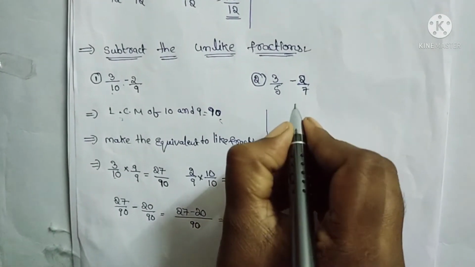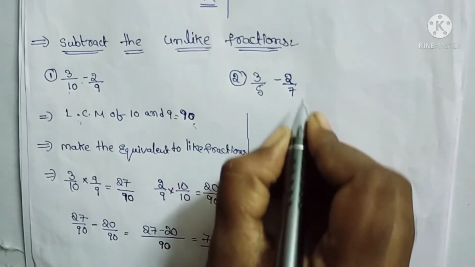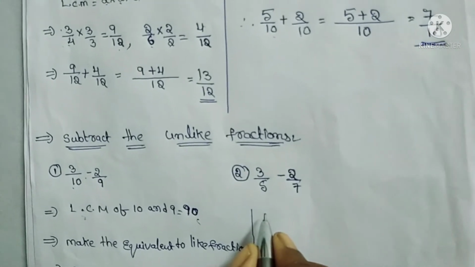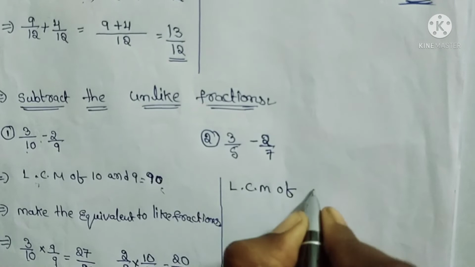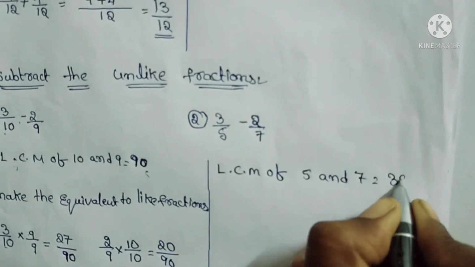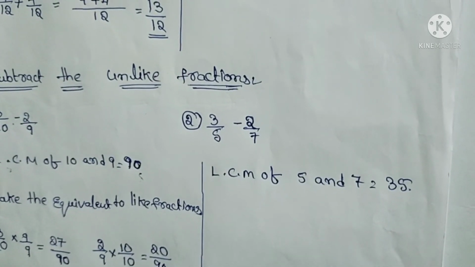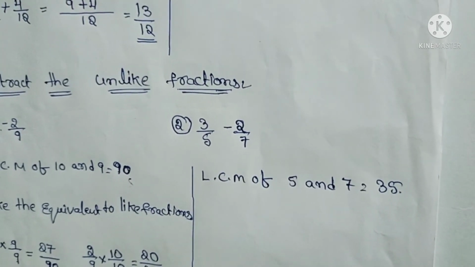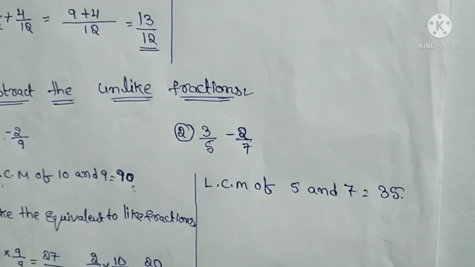Now solve another problem, 3 by 5 minus 2 by 7. First of all, we find the LCM of 5 and 7. The LCM of 5 and 7 is 7 fives are 35. Make them equivalent like fractions.